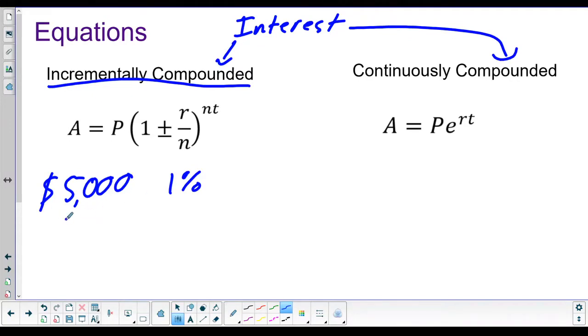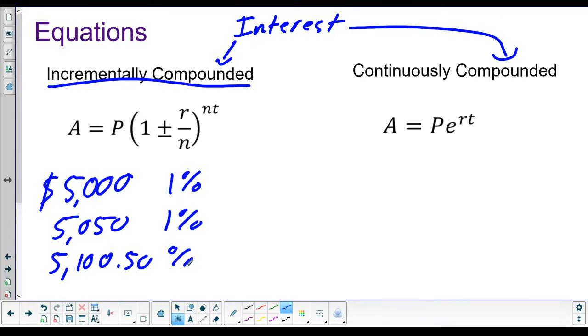So after January, you have $5,050. Then at the end of February, they say, all right, you get another 1%. Now, because we have $50 in there, we don't just get $50, we get $50.50. So you're going to be at $5,100.50. And then we can keep doing that, right? So then we do another 1% and then another 1%.